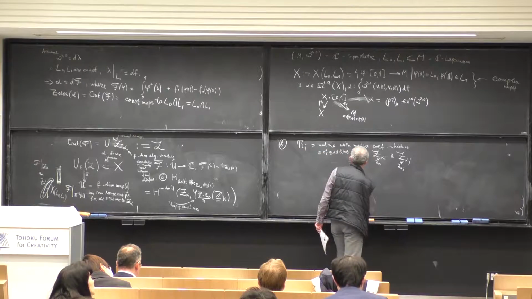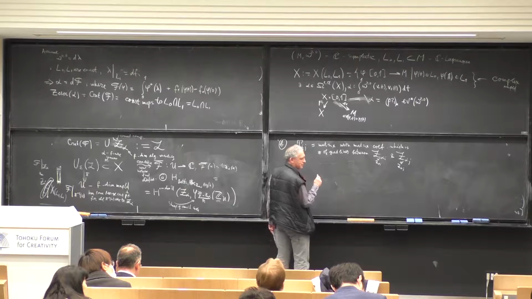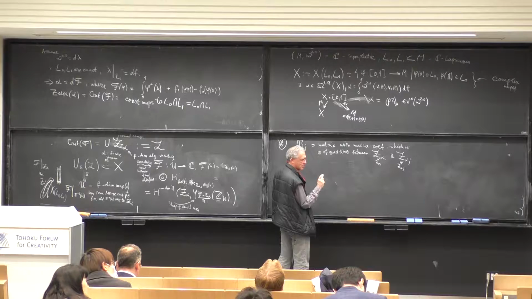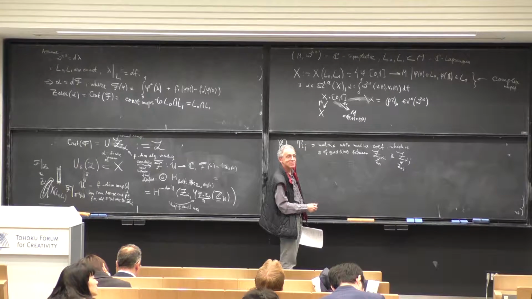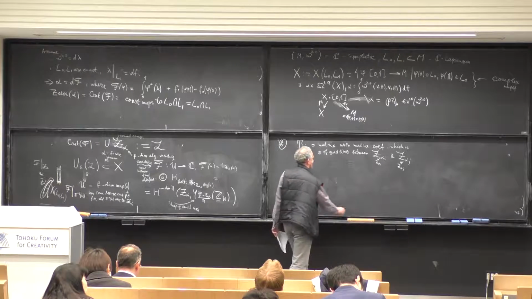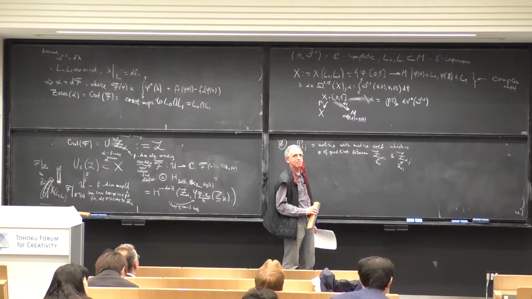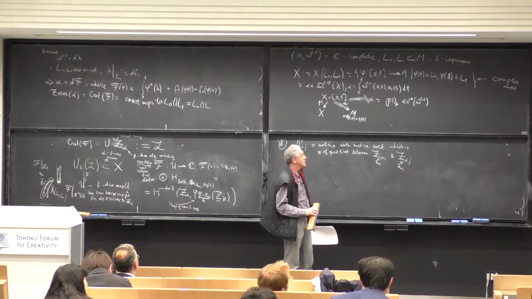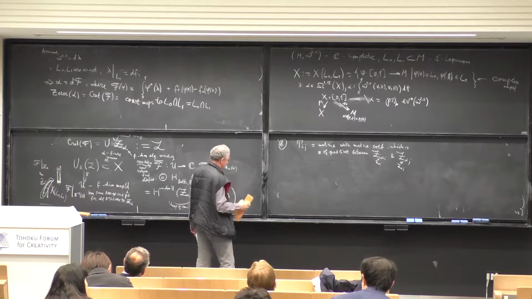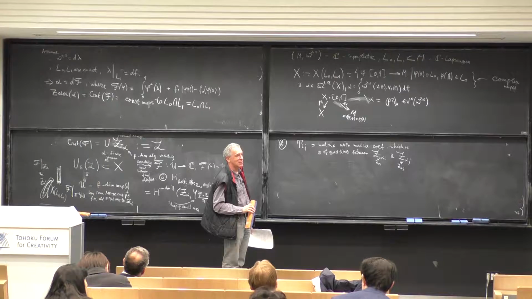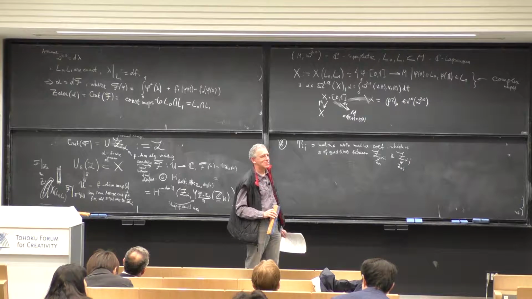Yes, you are right. In the Morse case, I would like to think that I can choose a basis of symbols by considering gradient lines.